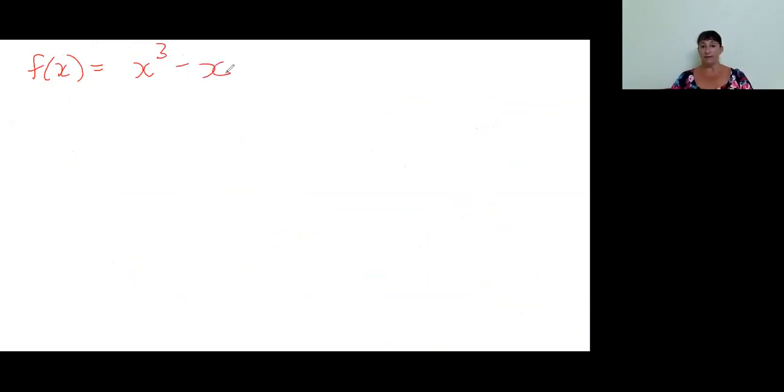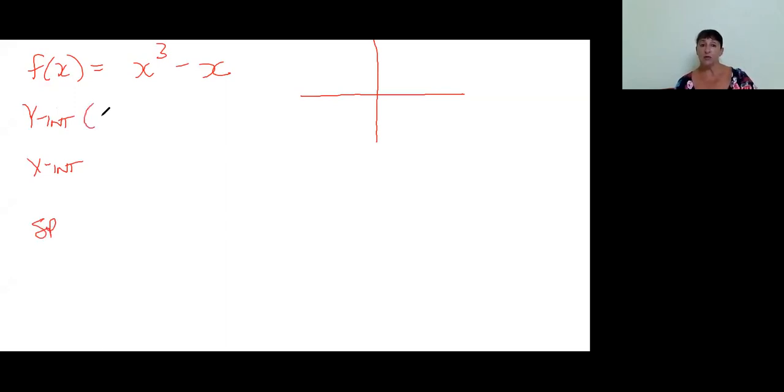For this function, we are going to find all the points needed so that we can sketch the curve. So remember, when we're sketching curves, we really want the 3 main points firstly. The y-intercept, the x-intercepts, and the stationary points, okay?